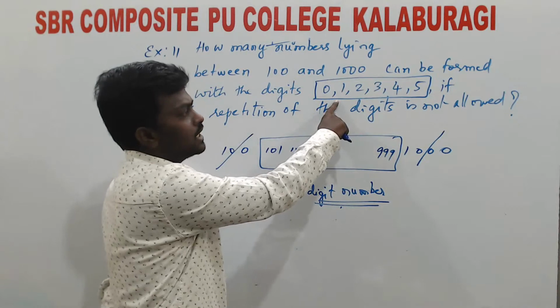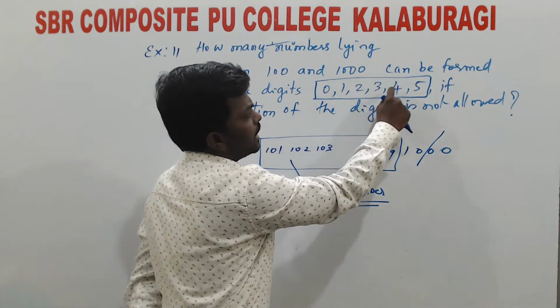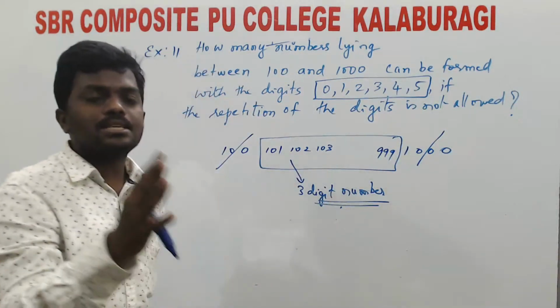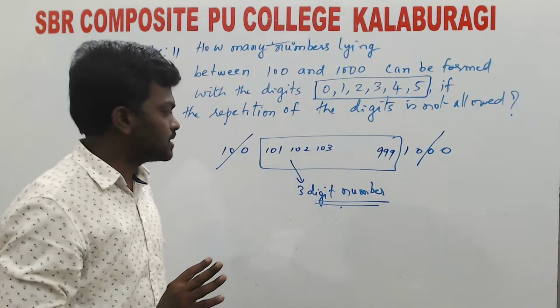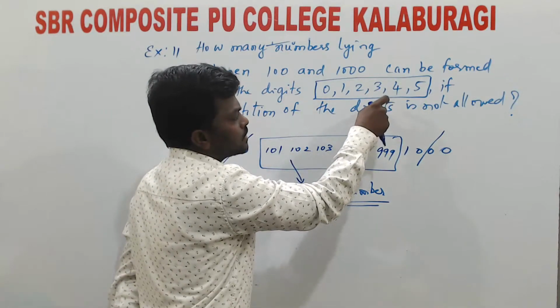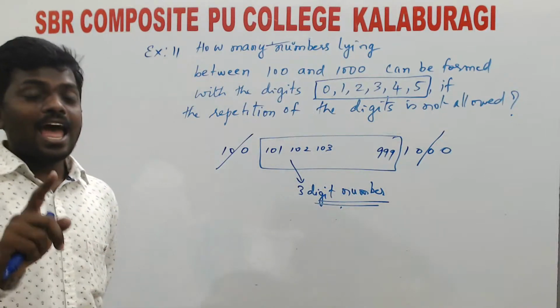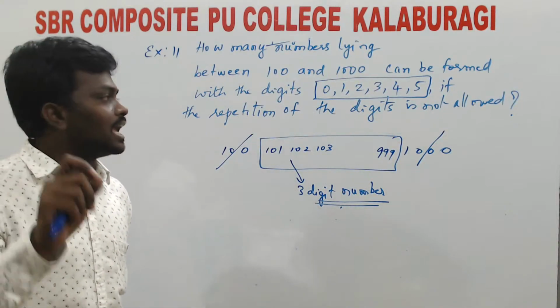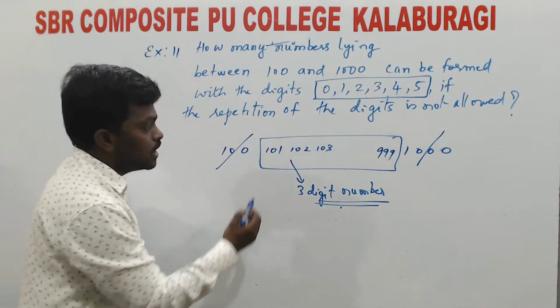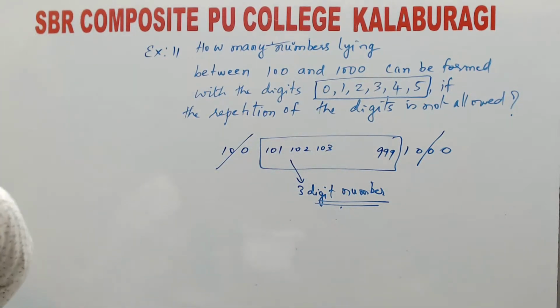Here all are distinct, all are different: 0, 1, 2, 3, 4, 5. No number is appearing more than once.